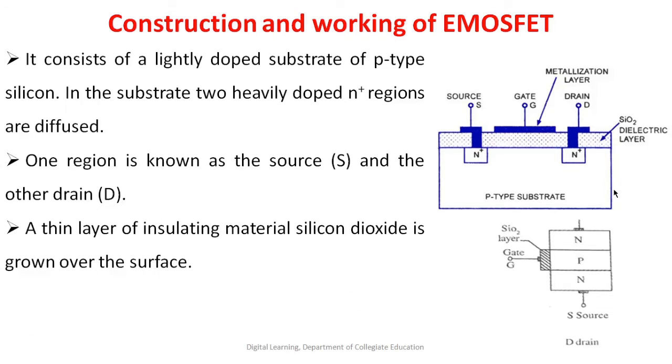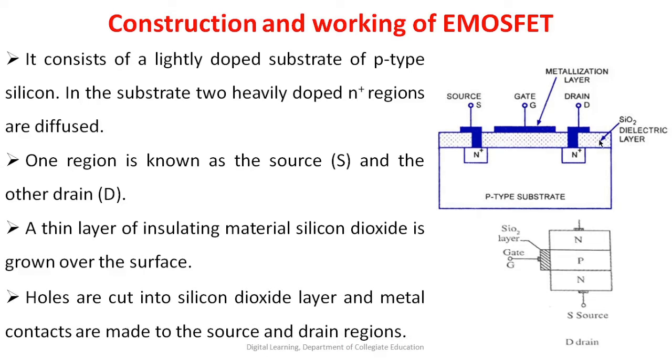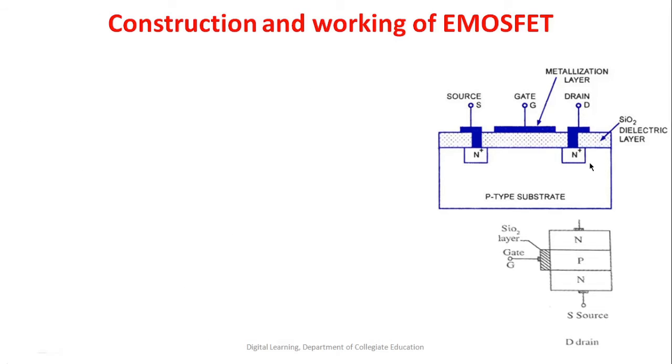A thin layer of insulating material, silicon dioxide, is grown over the surface, and two holes are made on the silicon dioxide layer to make the contacts for source and drain regions.